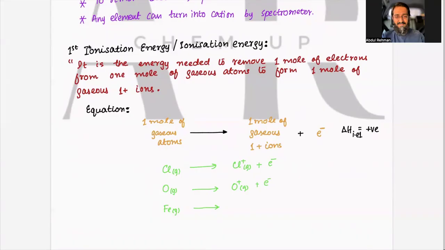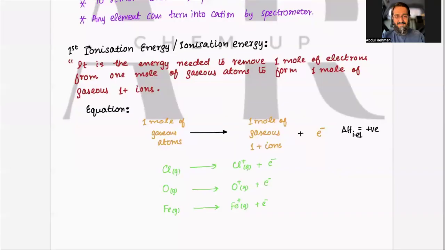But for ionization energy, it's really important that it is nothing but the positive ion. So for iron, I'm going to write Fe+ and then 1 electron.